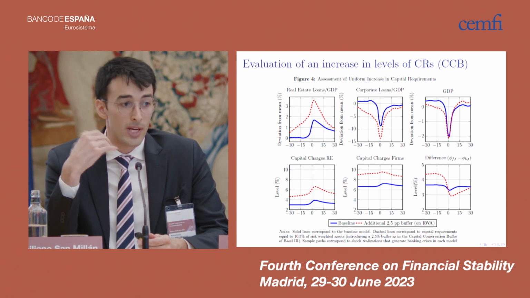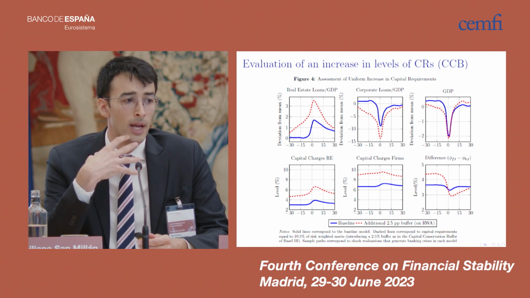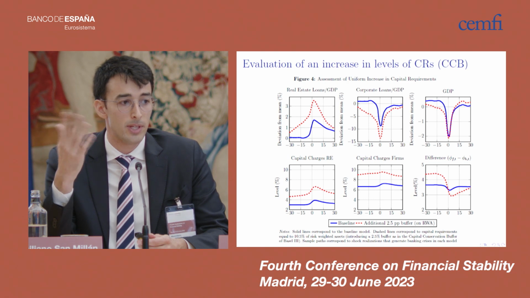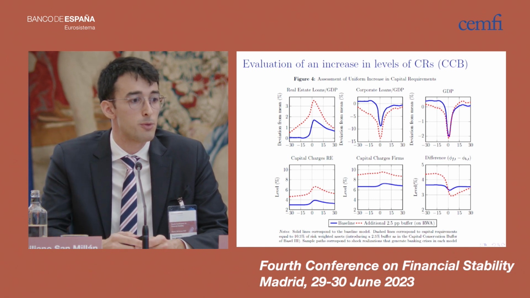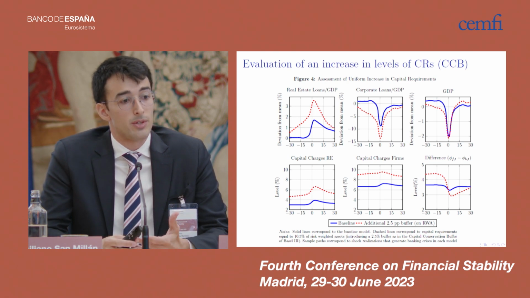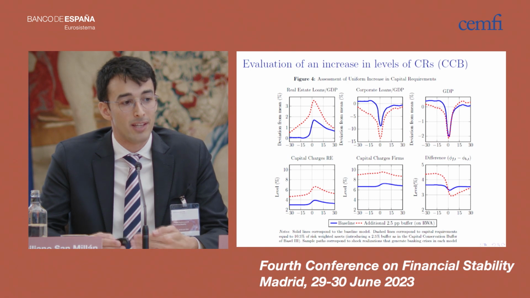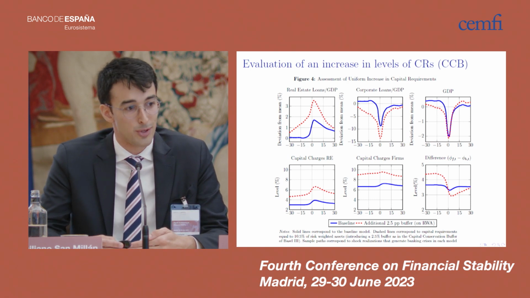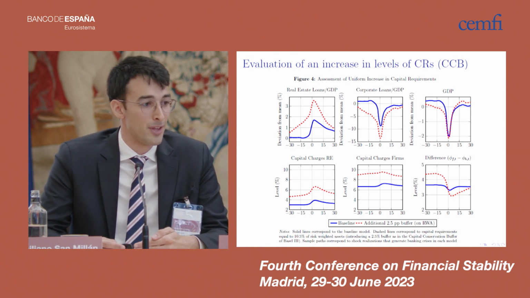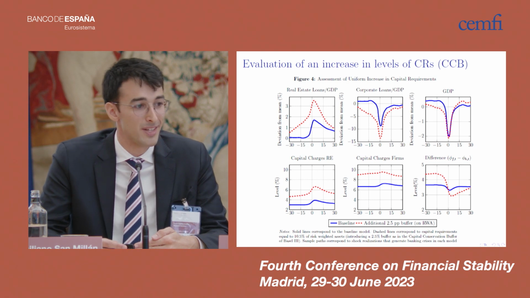That is, we increase the capital requirement on risk-weighted assets by 2.5 percentage points. And actually, what's going on in this case is that we have increased the gap between the effective capital charges across the mortgages and the corporate credit.